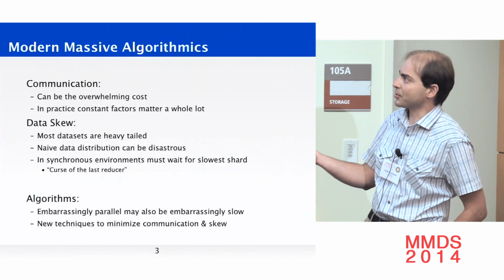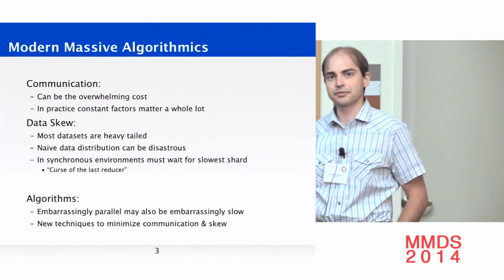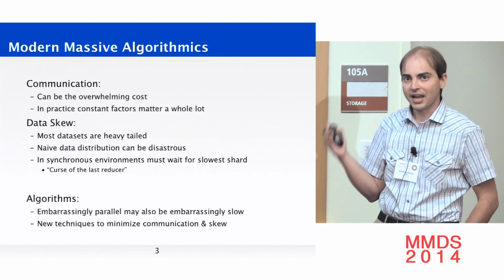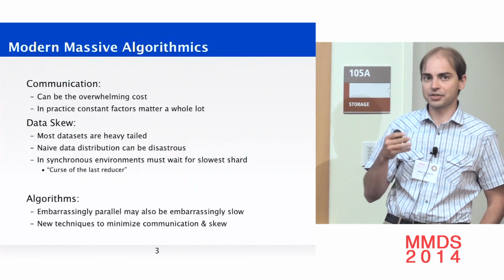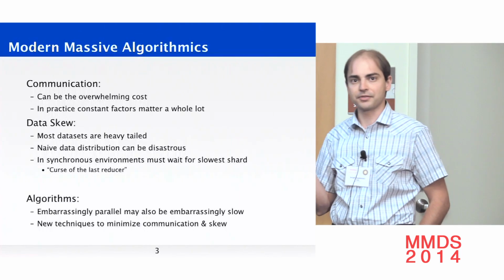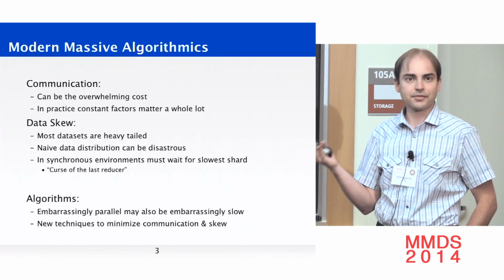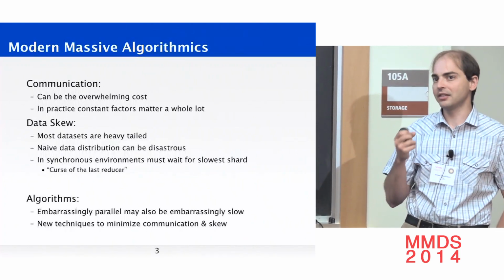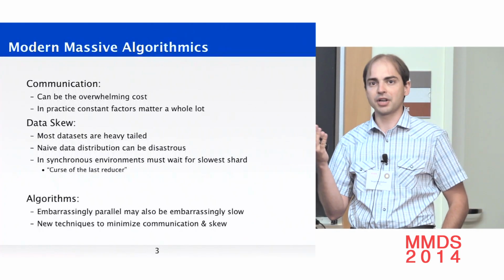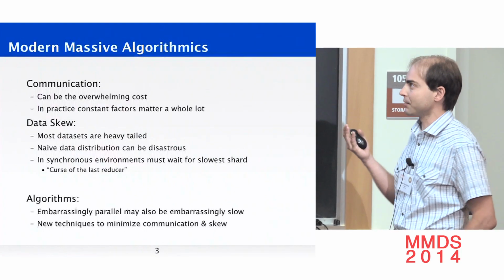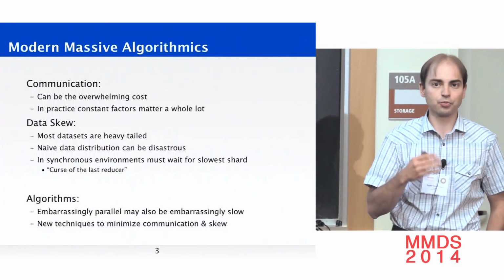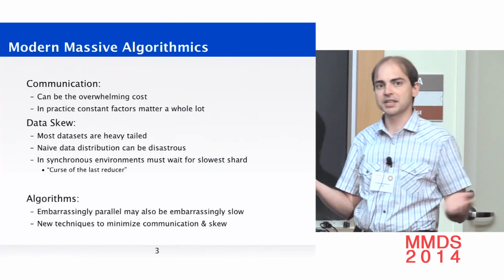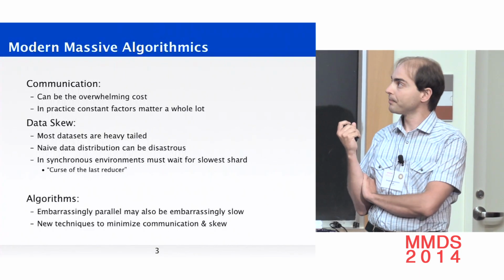This is what was highlighted yesterday with the triangle counting approaches: there are many different ways to do triangle counts, and the naive way, the first thing that comes to your mind if you sit down and implement it, is the wrong way. Just because it is embarrassingly parallel doesn't mean we shouldn't spend time thinking about it and trying to figure out how to make it even better. What are we thinking about? We're really thinking about minimizing communication and minimizing the skew that we're going to have.